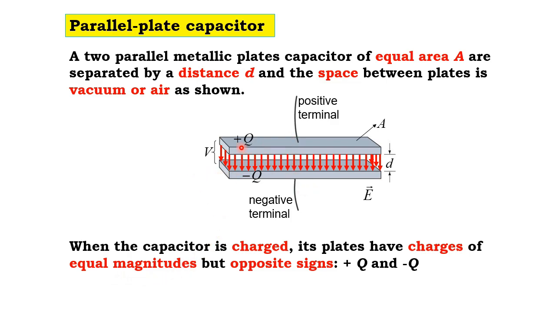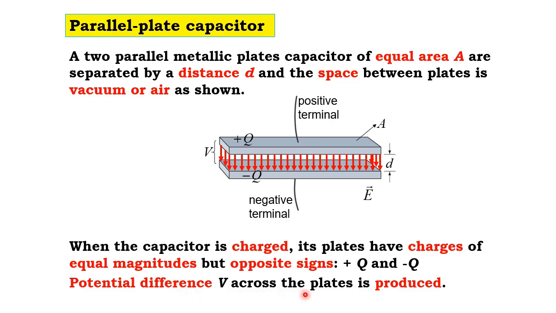So we have positive Q and negative Q. The positive Q is connected to the positive terminal, and the negative Q is connected to the negative terminal. Then we have a potential difference across the plates.